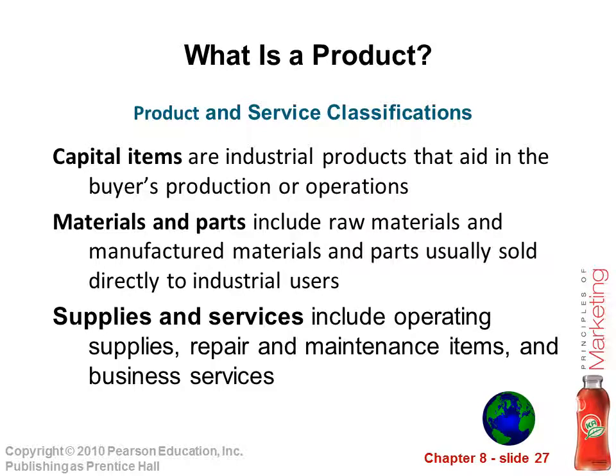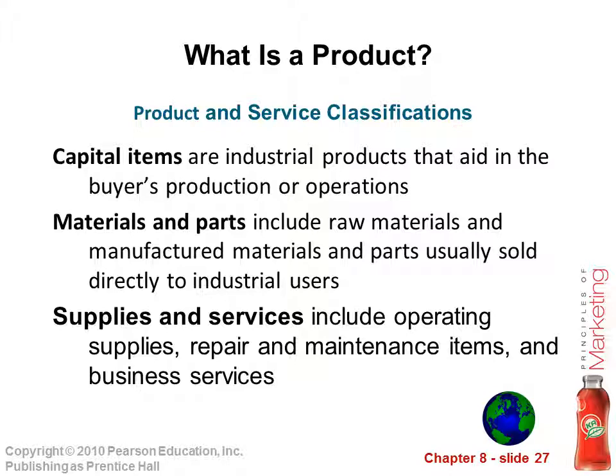In industrial products, there are three classifications in this major type: capital items, materials and parts, and supplies and services. The capital items are industrial products that aid in the buyer's production or operations.